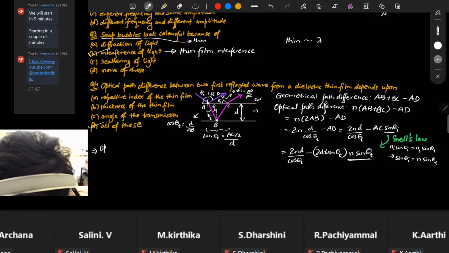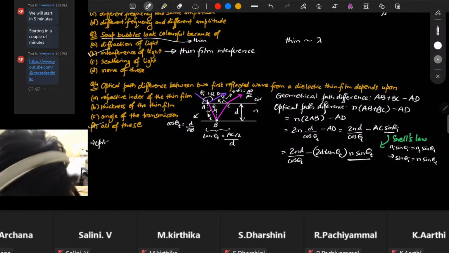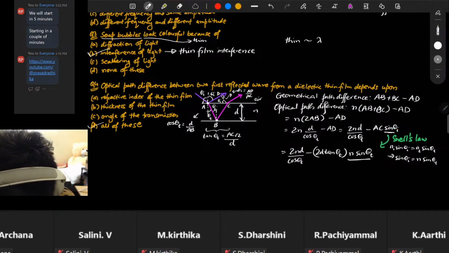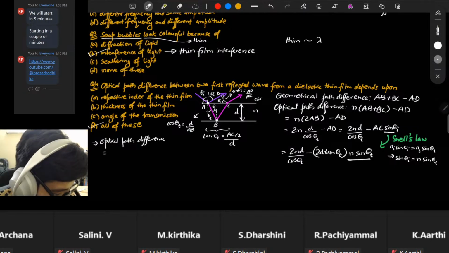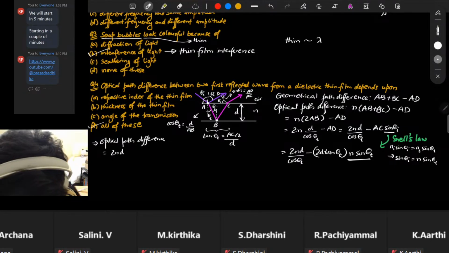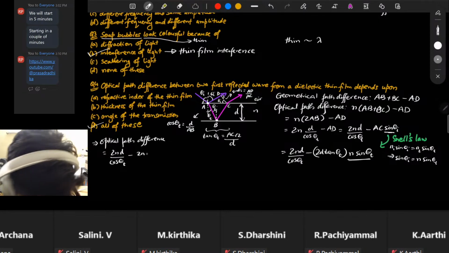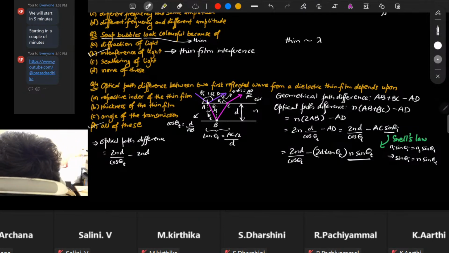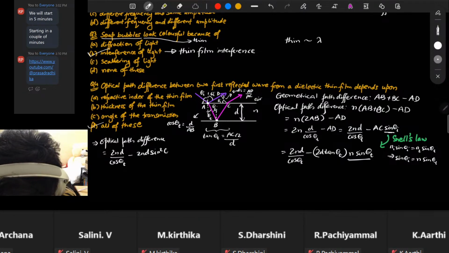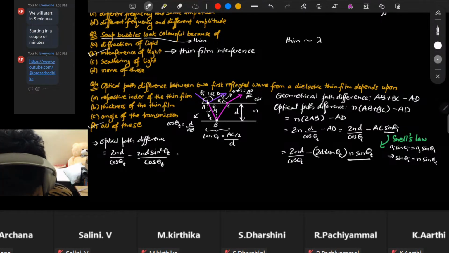The optical path difference is equal to 2ND over cos theta T minus 2ND sin squared theta T over cos theta T, because tan theta is sin theta by cos theta.